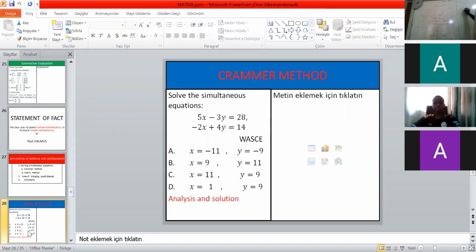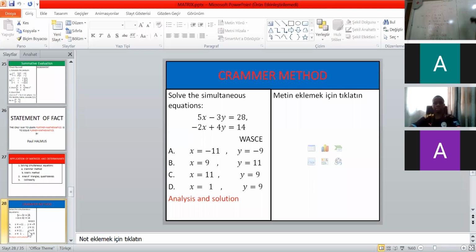Good. So let's sum this together. If you sum this, you obtain 126. Now, y is equal to delta y over delta, which is 126 over what?